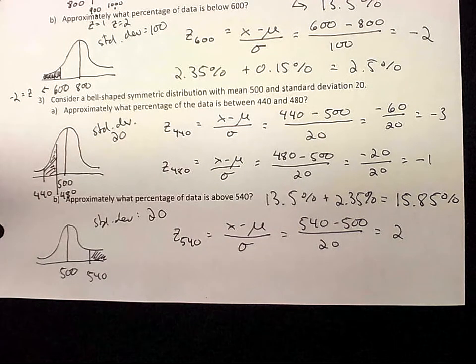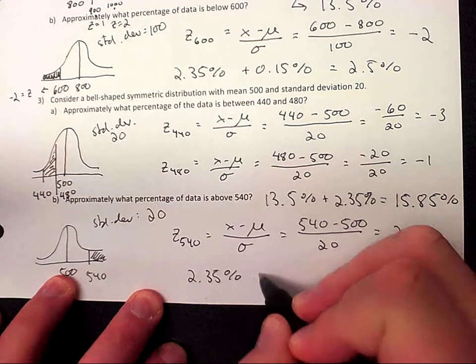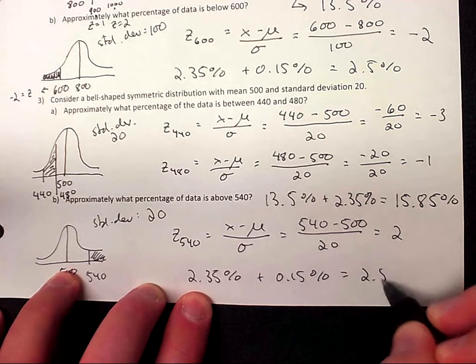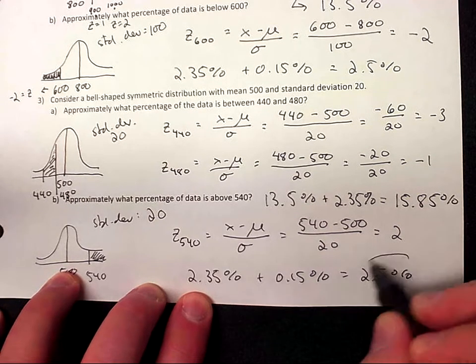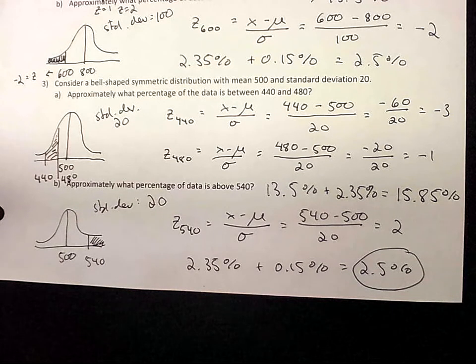And what percentage of the data is above a z value of positive 2? 2.5%, right? Because again, we get 2.35% plus 0.15%, which is equal to 2.5%. Is everybody good with how to get this 2.5% right here? Any questions whatsoever? Everybody's good with these three examples?